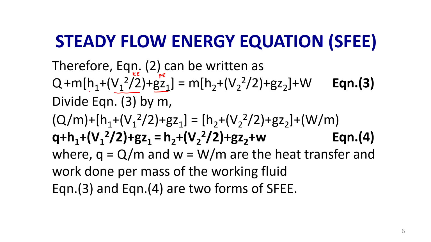This is the enthalpy at the inlet, that is the energy content of the fluid. This is the enthalpy at the outlet, the energy content of the fluid leaving the system, this is the kinetic energy at the outlet, and this is the potential energy at the outlet.